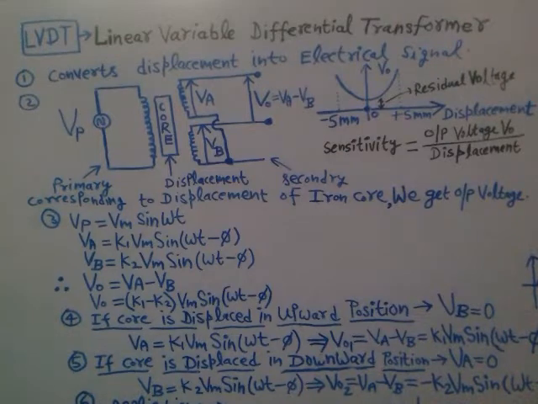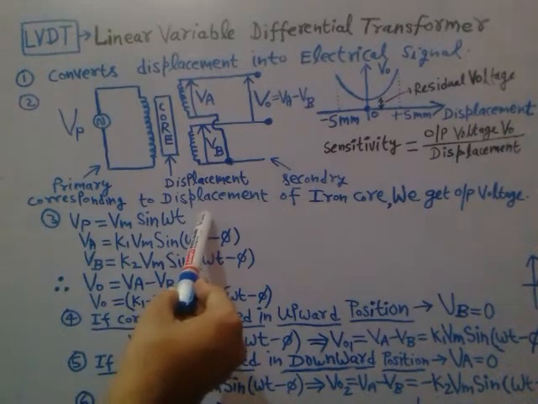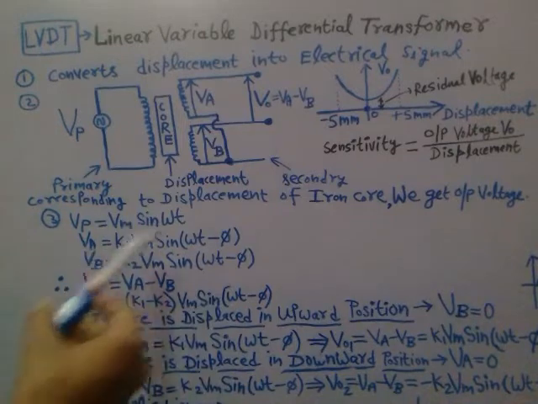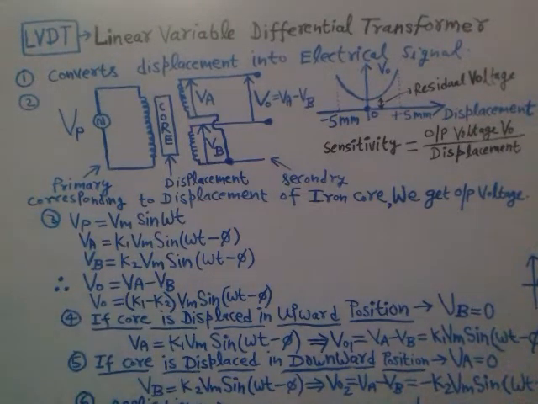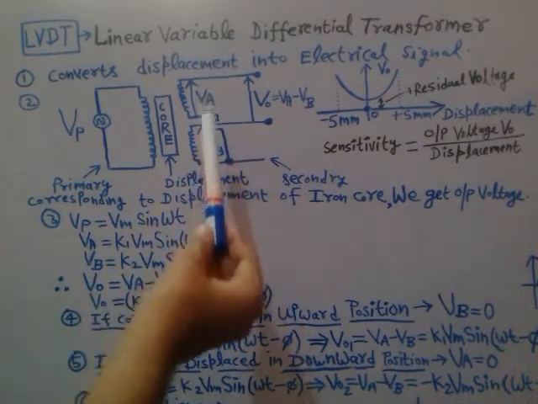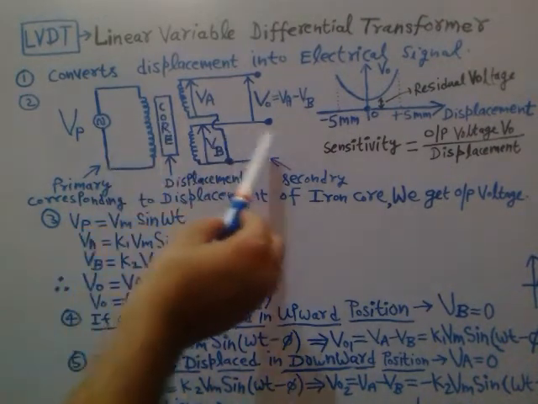Now see here, VP is the primary input supply voltage, that is VP is equal to Vm sin omega t, right? Now the soft iron core, we have placed it between the primary and the secondary winding.